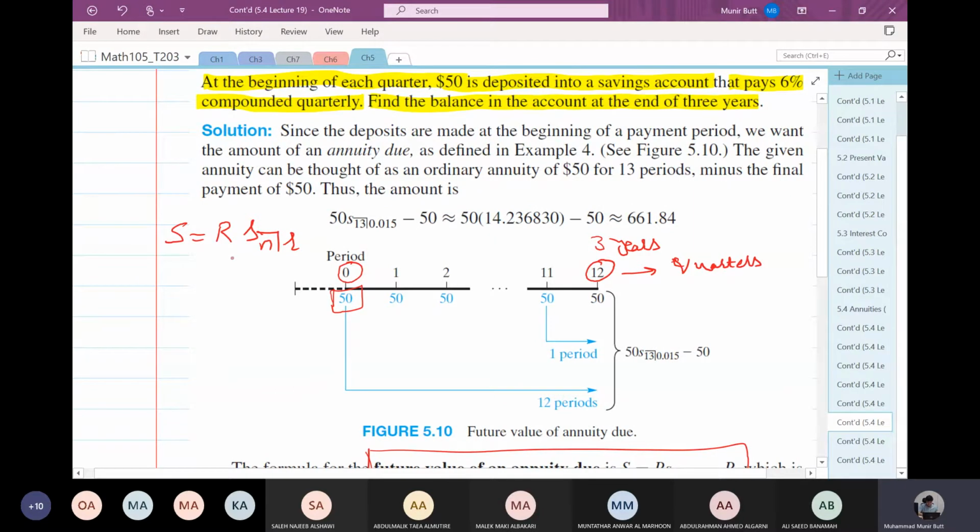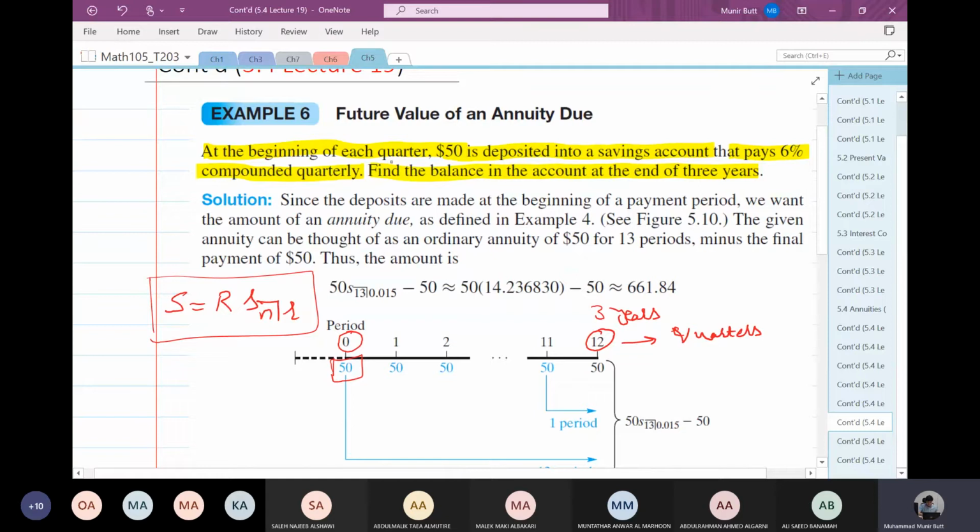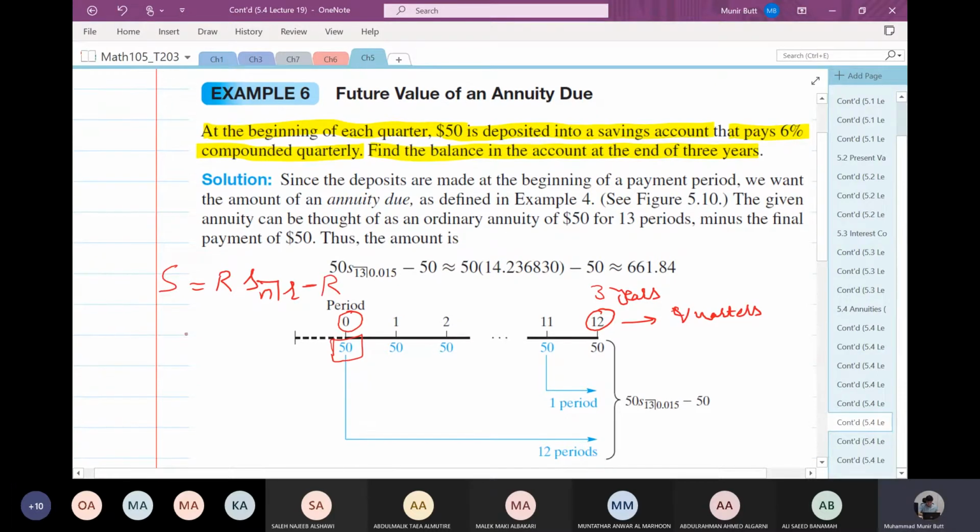This formula says it is when we pay the amount after one period. But here he says at the beginning of each quarter we have paid. So we have paid one extra amount, and we have to subtract that amount given in the beginning. If we simplify this, the formula will become S angle R minus 1. This is due to the fact that we want to use this annuity due.